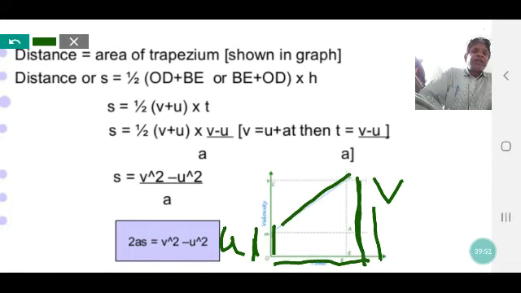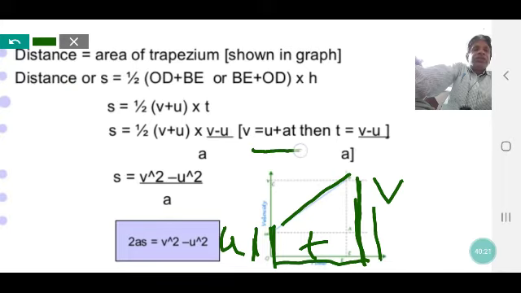If you put the values, the area of the trapezium is half into v plus u into t. Now s is equal to half into v plus u into t. But from the first equation of motion, v is equal to u plus at.